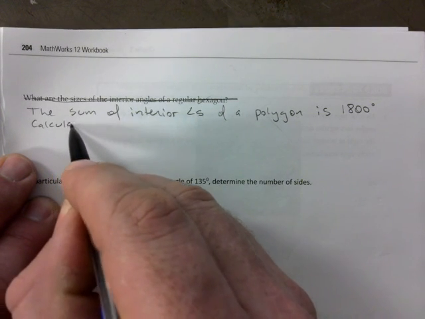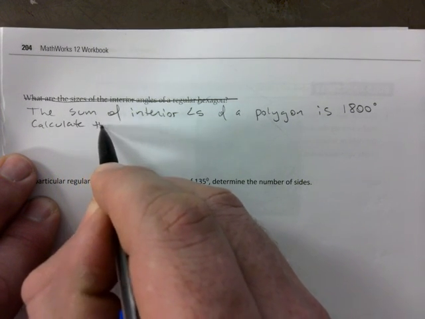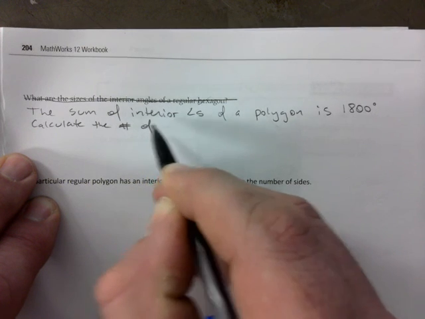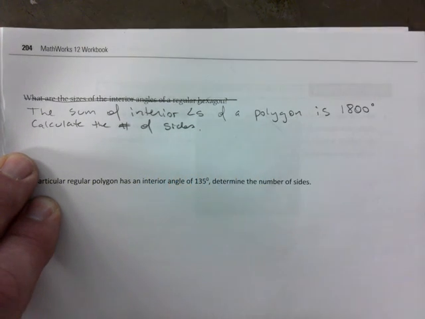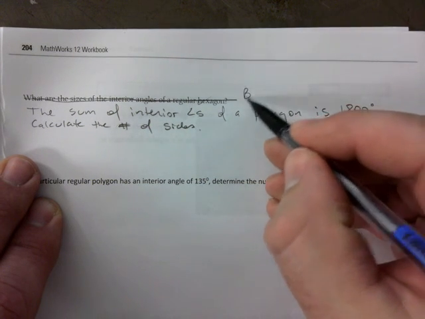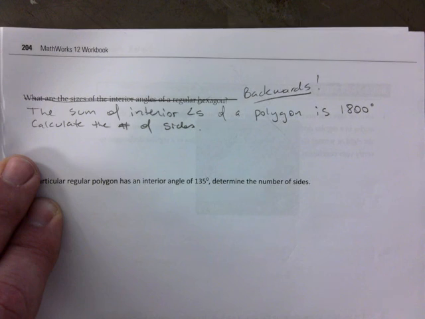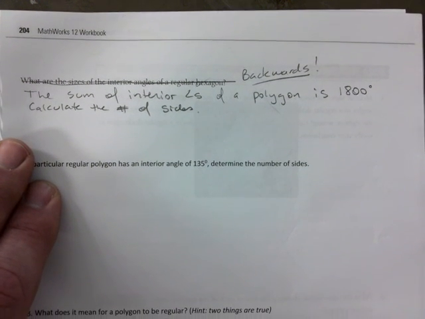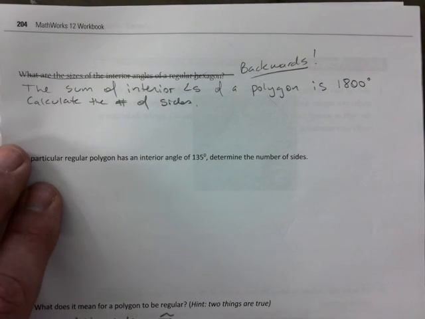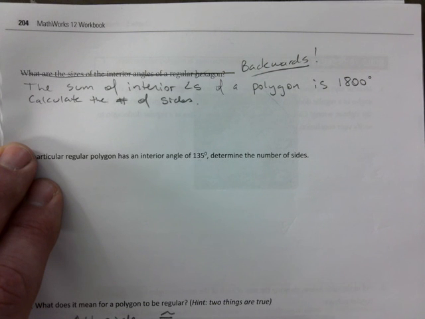Calculate the number of sides. This is also a backwards example. So if you want to write down backwards, we are going backwards anyway. See how I did that? We're going back.